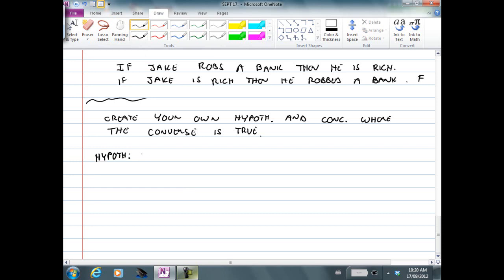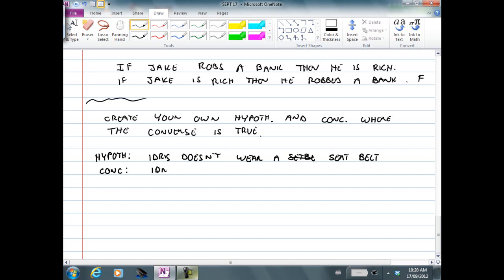Hypothesis. Idris doesn't wear a seatbelt. Oops, I spelled seatbelt wrong. Conclusion. Idris breaks the seatbelt legislation law.